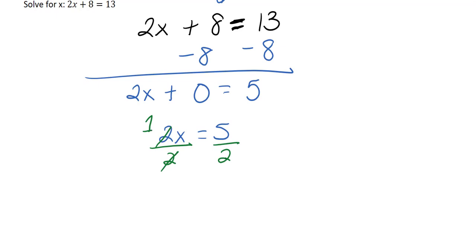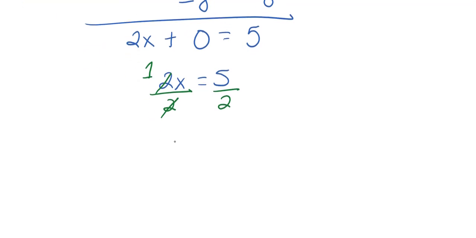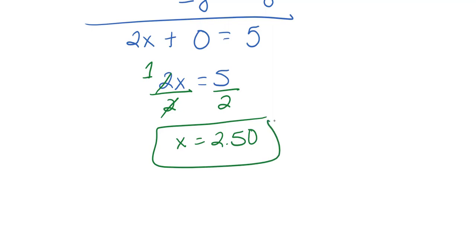Now 5 divided by 2 is just equal to 2.5. You can always get your calculators out and do that. The price for each item is $2.50 because that's money we're dealing with, or you can put 2.5, and that would also work. So that would be the price for each item.